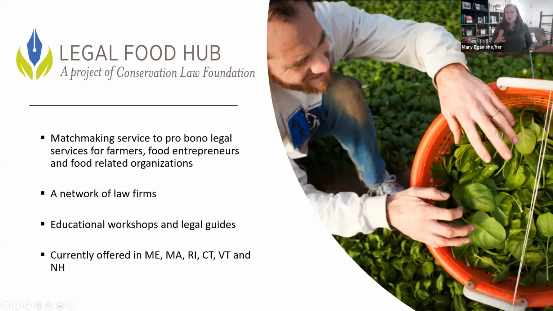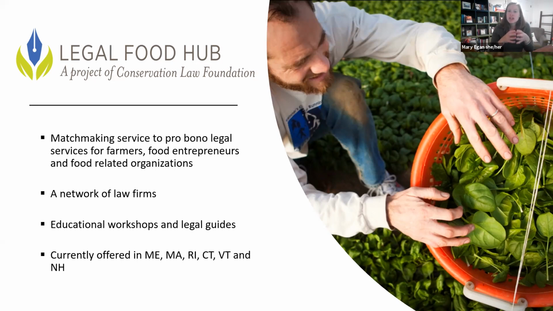I'm going to talk a little bit about this project that they started. The easiest way to describe it is to think of us as a matchmaking service or a clearinghouse. We work to connect farmers, food entrepreneurs, and food-related nonprofits to attorneys who are willing to help them with their legal questions and legal projects. In all of New England, we provide our service, which is really great, just recently launched in New Hampshire.